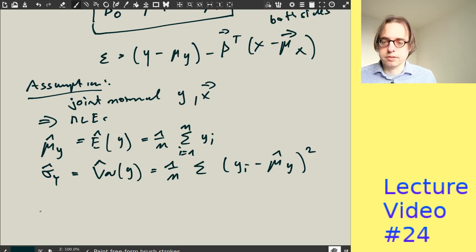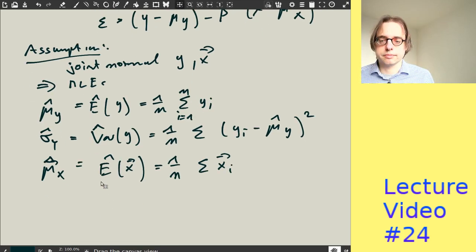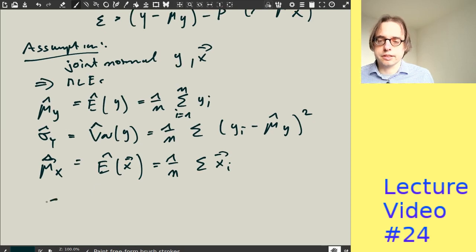Similarly, we can compute the mean for the x. That's the empirical mean, so 1 over n. Then we can compute the covariance, sigma xx.